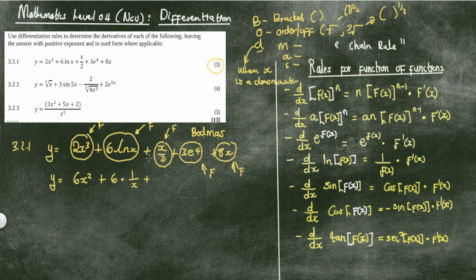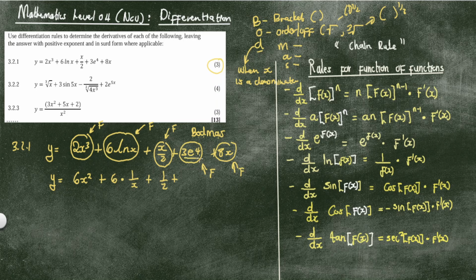Plus, the derivative of x over 2 would be just 1 over 2. You have exponent 1, so you just drop the x, using the coefficient, as I've explained.